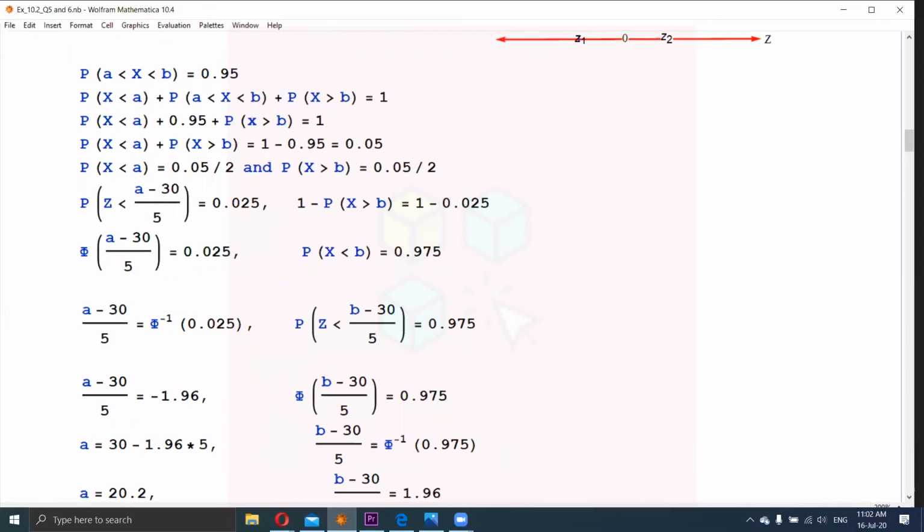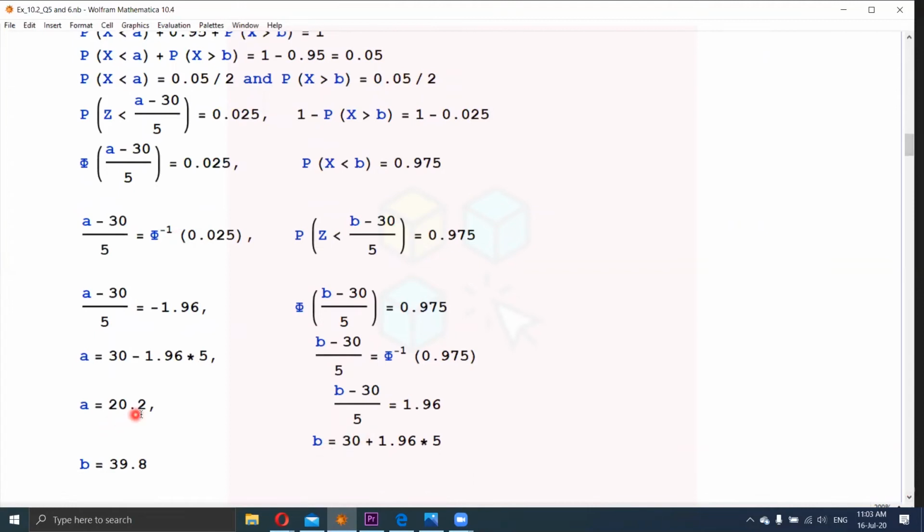From the table, we can write phi inverse of 0.975 is 1.96, and phi inverse of 0.025 is minus 1.96. So using these two values in the equations, we can get the value of A and B.